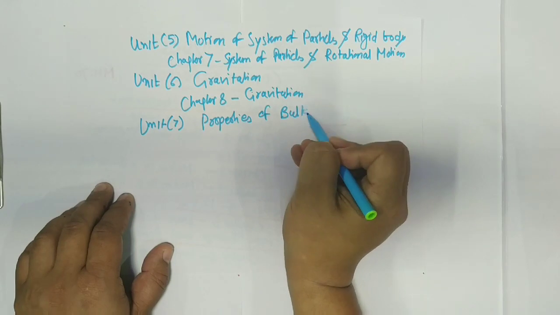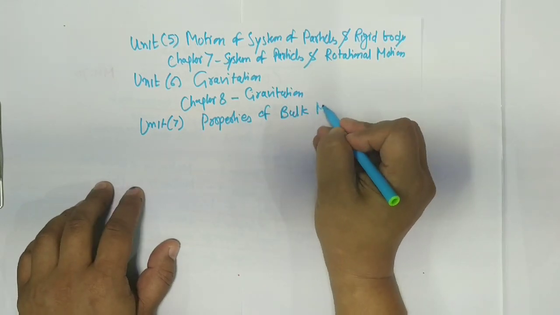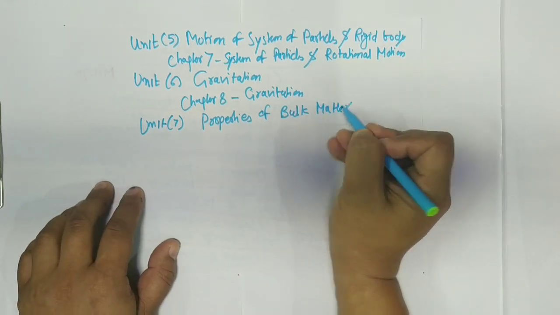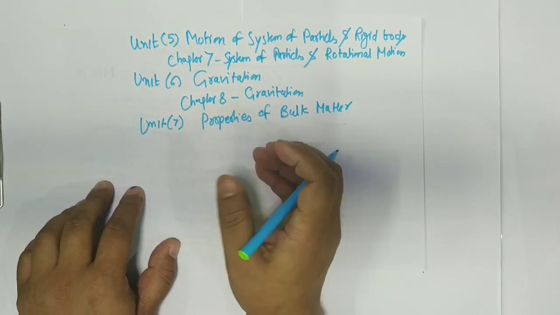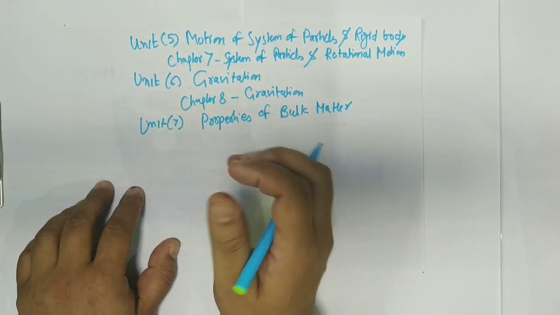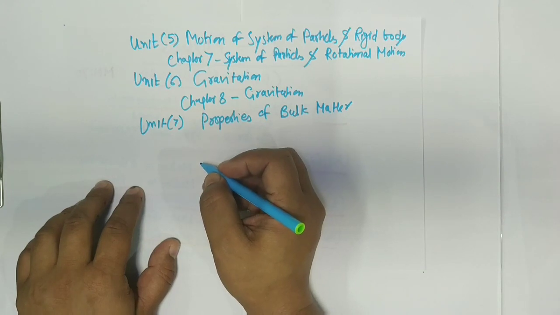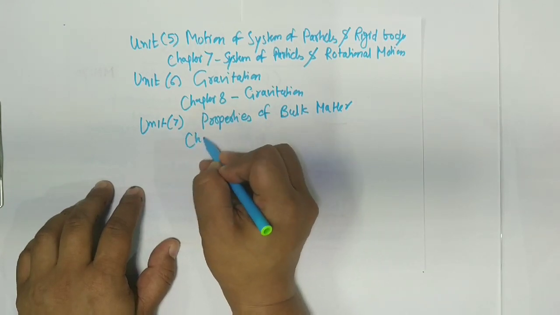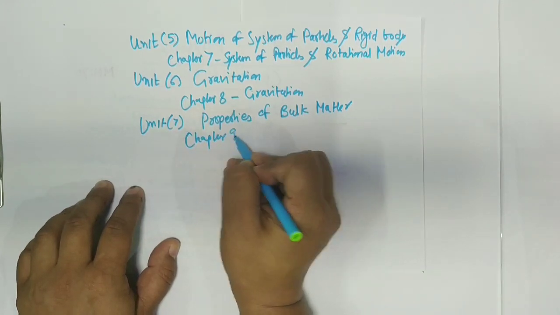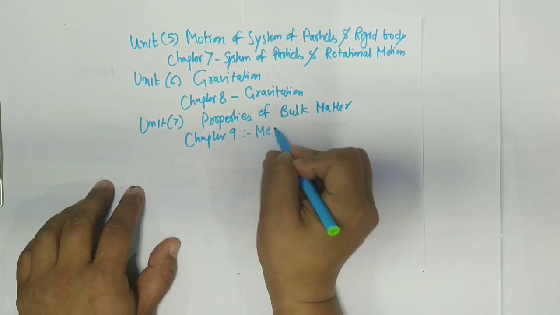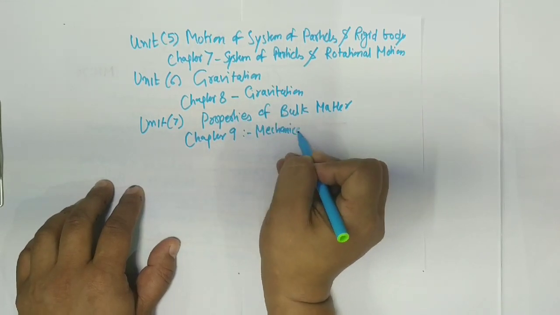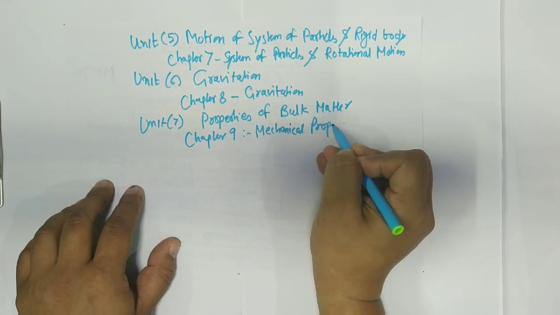This is related to fluids, solids and gases also. We will mainly talk about the properties of matter, the mechanical properties of solids and of fluids. So chapter 9 is mechanical properties of solids.